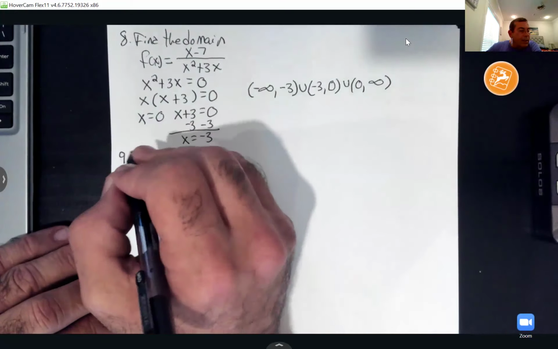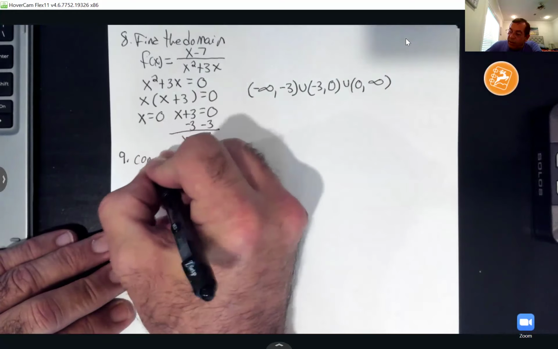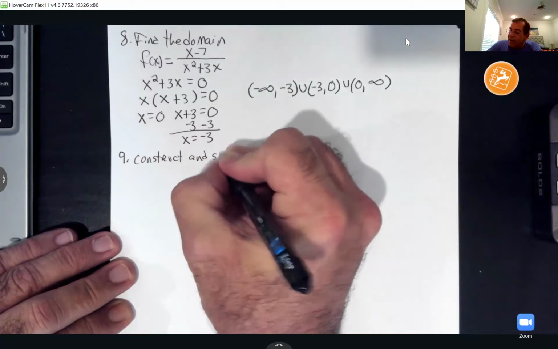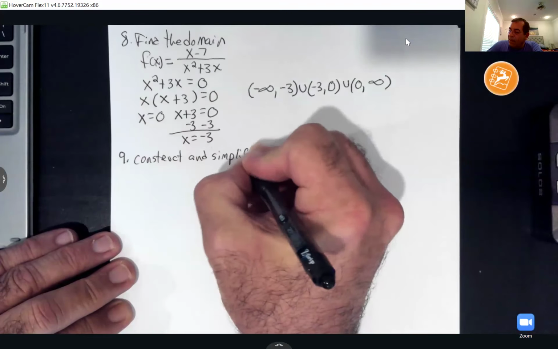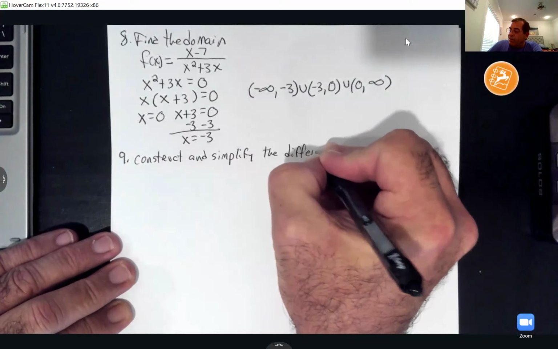Oh, so let's see. For this one, we're going to construct and simplify the difference quotient.